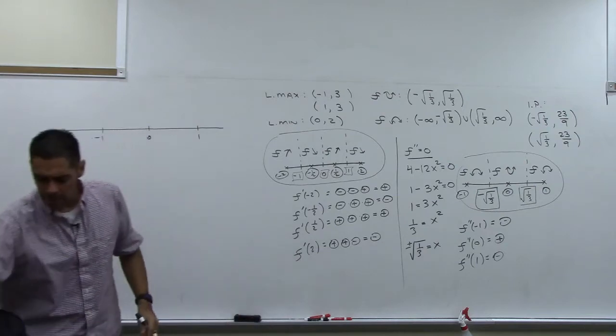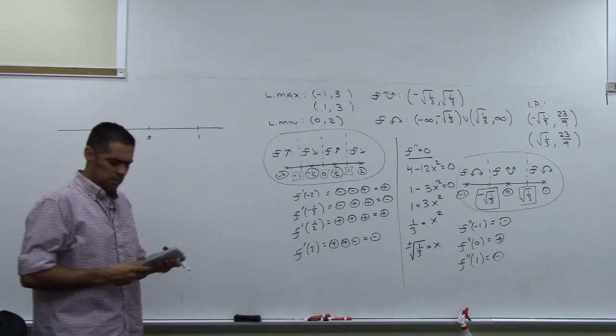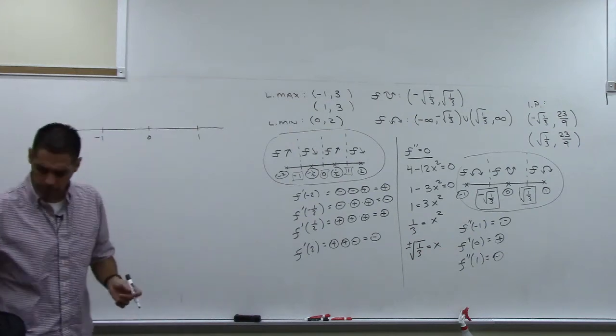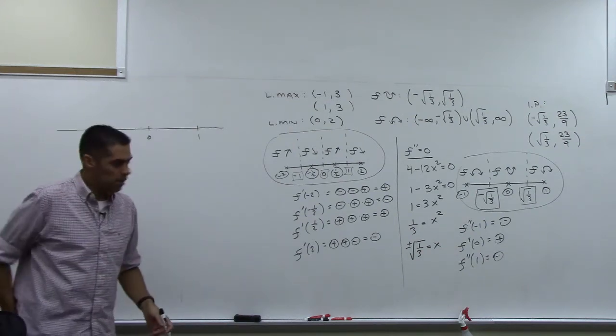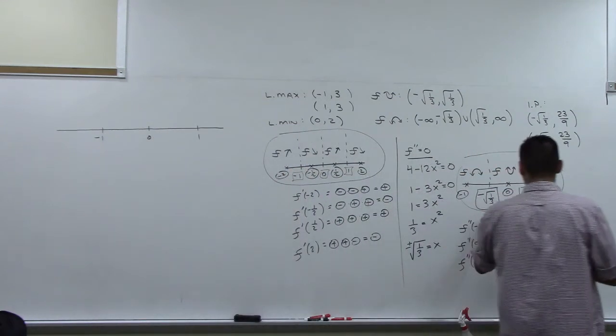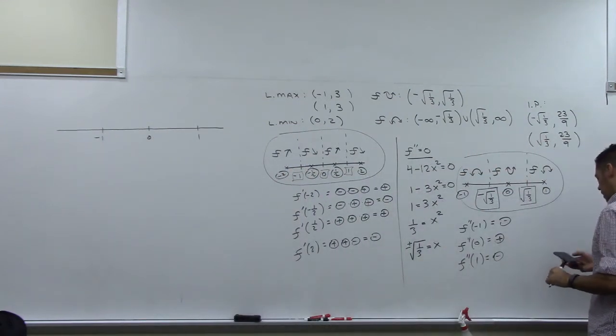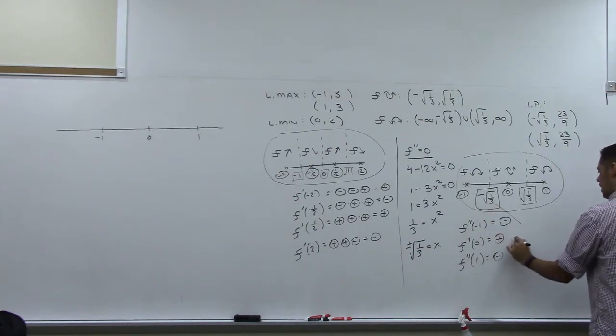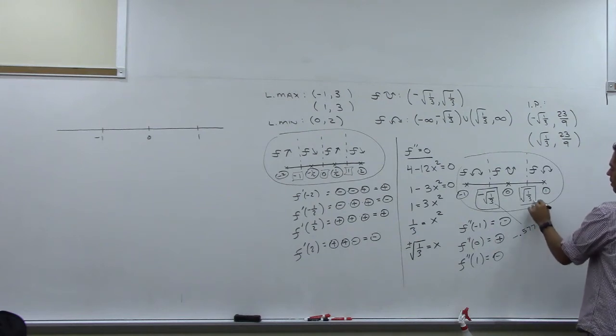And just so we know where these points live as decimals, if I take 1/3 and take the square root, this is going to be -0.577, and that one of course is positive 0.577.